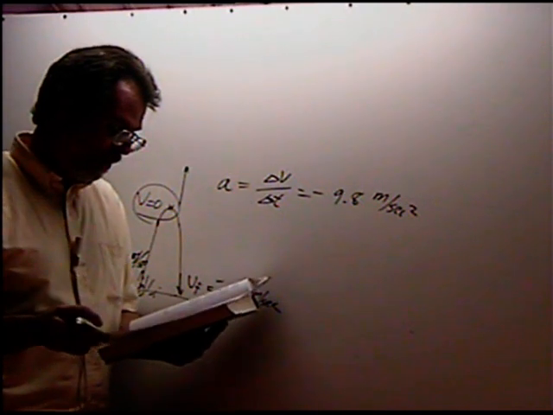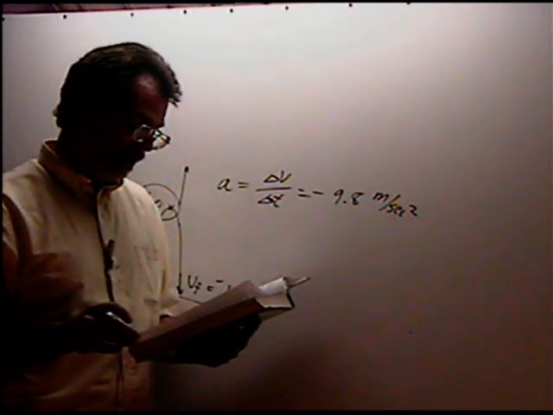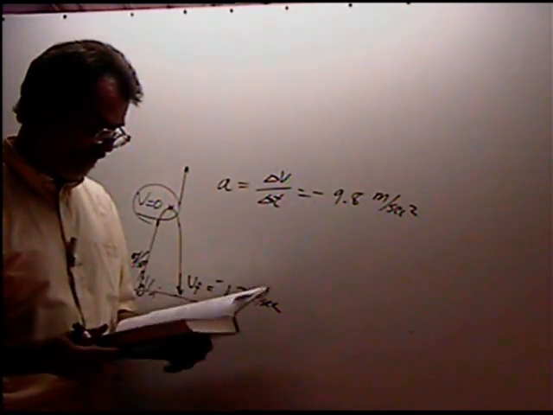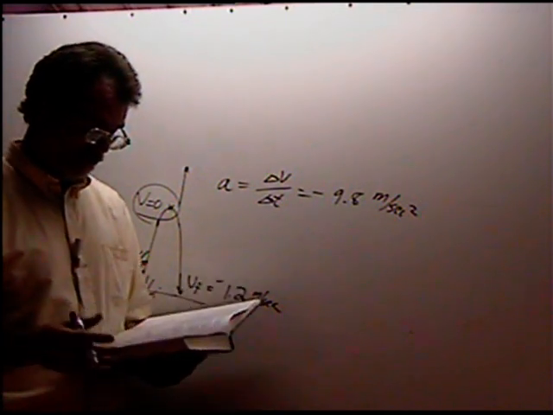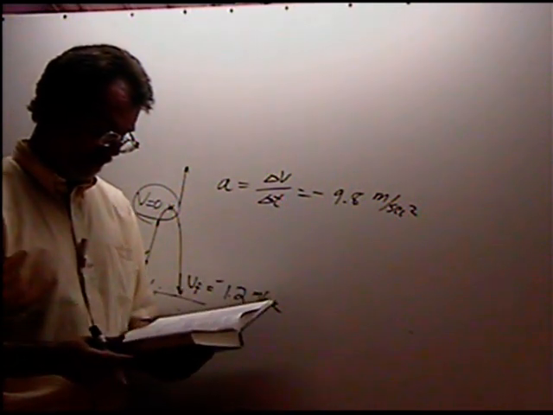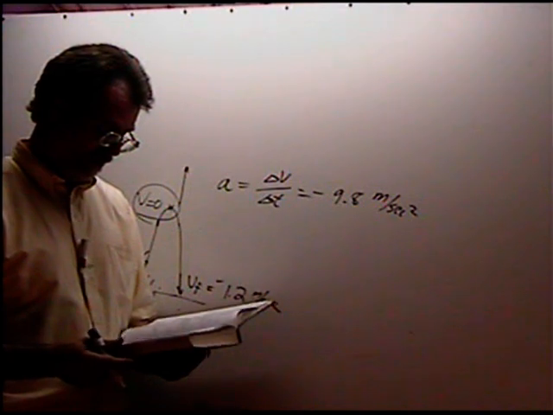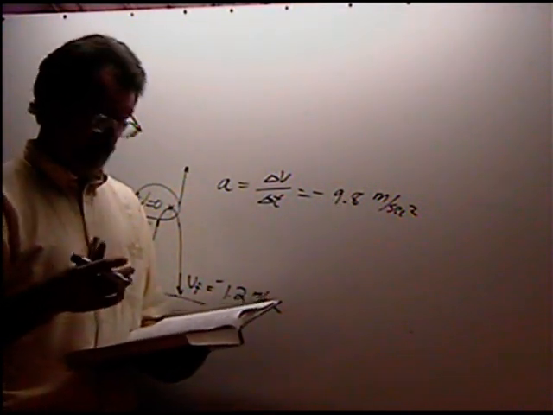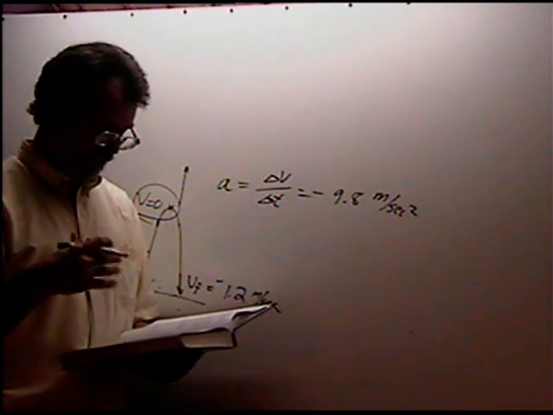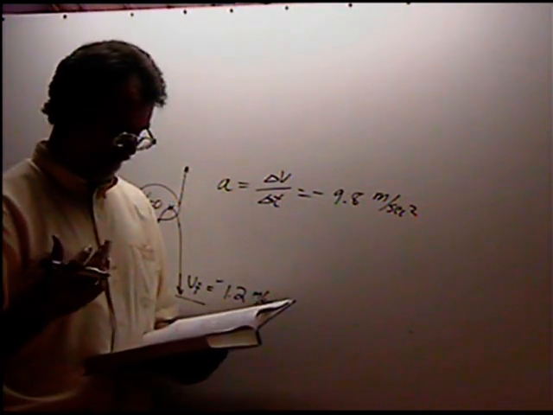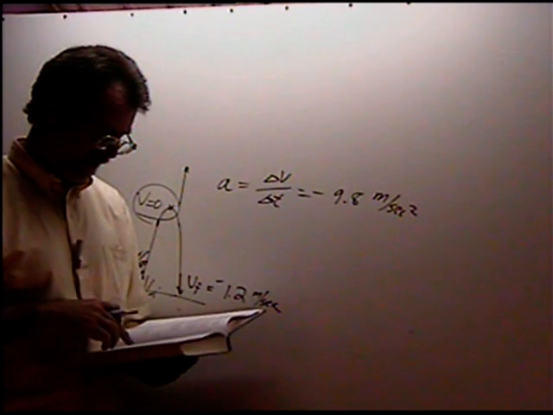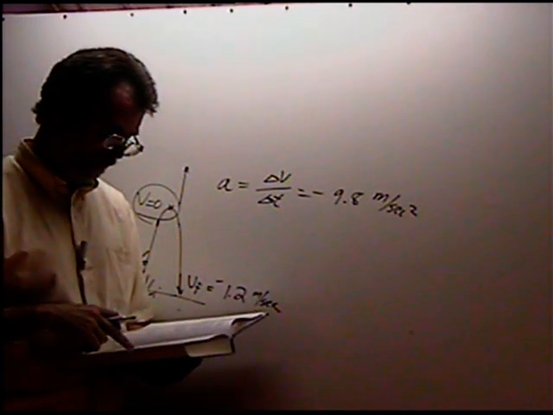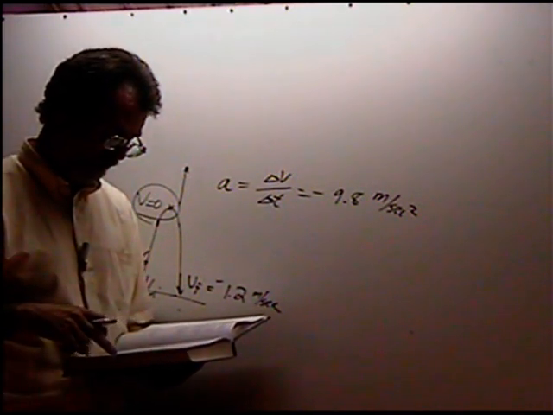Number 10, suppose you have two balls of equal mass. Although their masses are equal, they are made of two different substances. So maybe one's lead and one's plastic. As a result, the first ball is significantly smaller than the second ball.